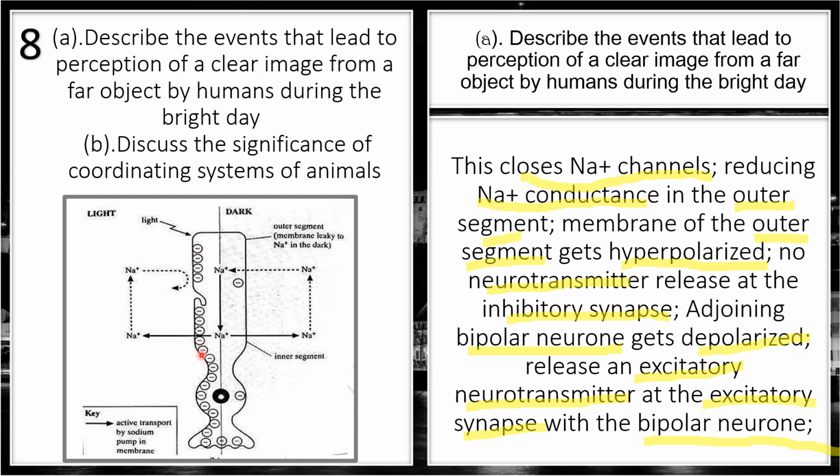So no neurotransmitter is released at the inhibitory synapse. And adjoining the bipolar neuron, this one gets depolarized, releases an excitatory neurotransmitter at the excitatory synapse with the bipolar neuron.